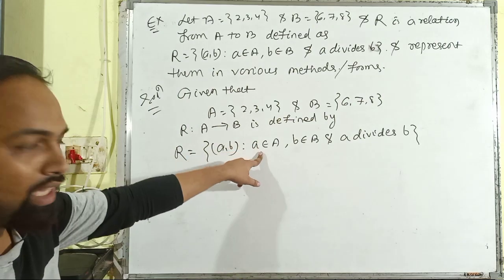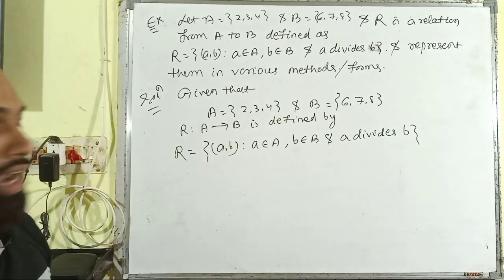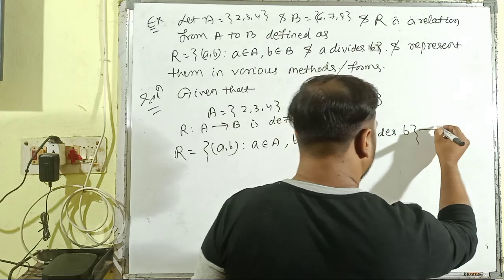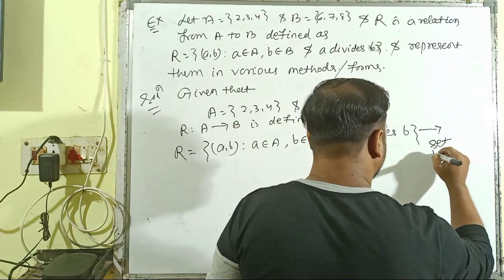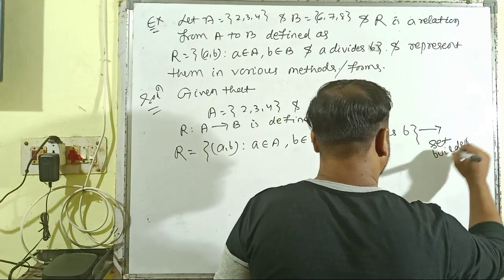Okay, the given relation is one of the forms, and it is the set builder form.